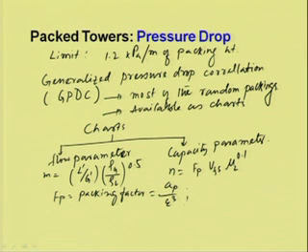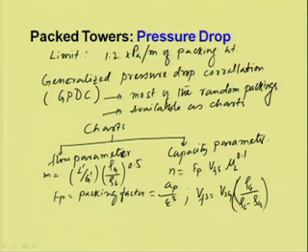V F S is equal to V S G, the superficial gas velocity, into rho G by rho L minus rho G to the power 0.5.